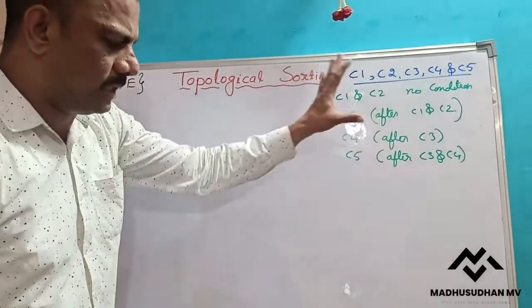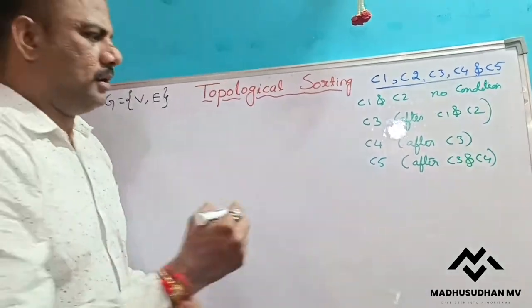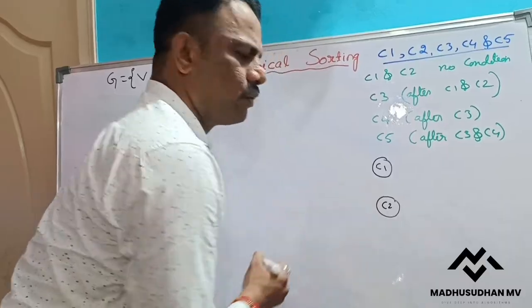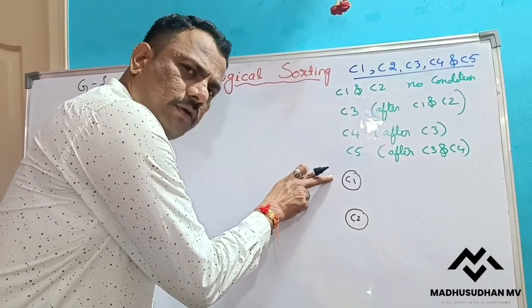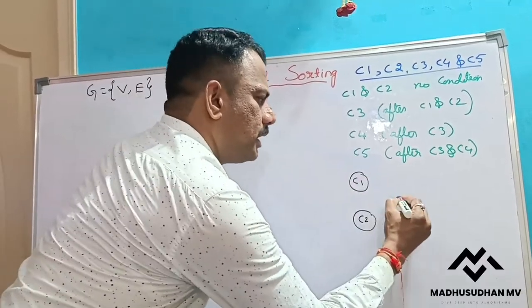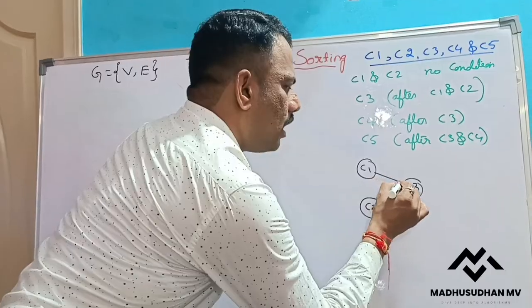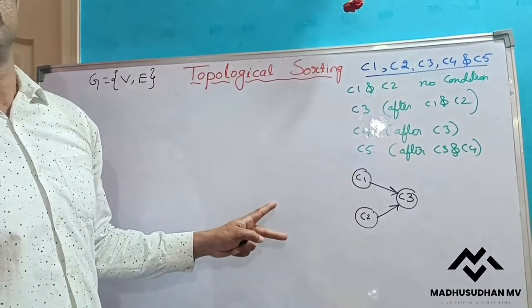Now I am going to represent this scenario in the form of a graph. I am writing course 1 and course 2. The student can take either course 1 or course 2 first, but after completing both, then only can he take course 3. So I am writing like this.